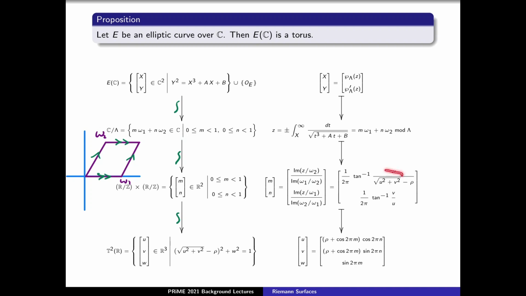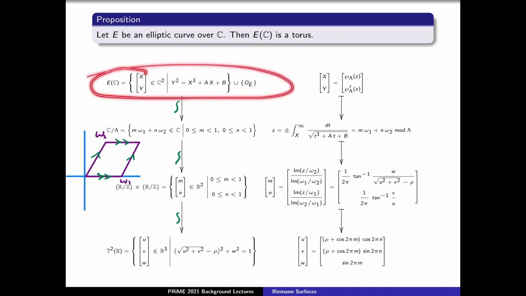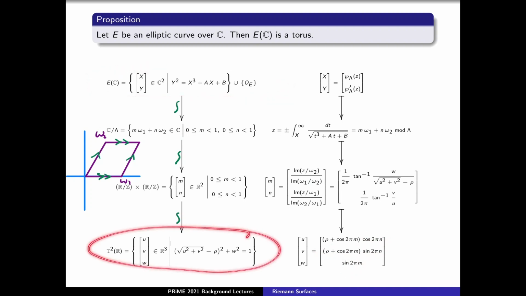And once we have it in this form, we have our map. So we can take m and n, viewed in this manner, and map it to rho plus cosine 2 pi m times cosine 2 pi n, and then similarly for v and w as given here. And this ends up giving us a bijection between our original elliptic curve and the torus.